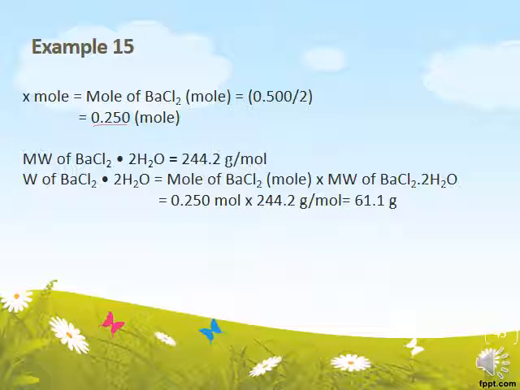Once we find mole, we use the molar mass. The molar mass of barium chloride dihydrate has been calculated here, 244.2 gram per mole. Using mole and molar mass, we can find mass. So mass of barium chloride dihydrate is 61.1 gram. So we solve this question.